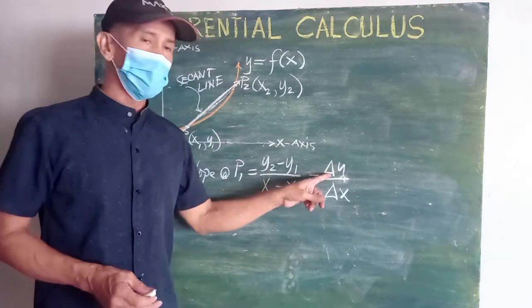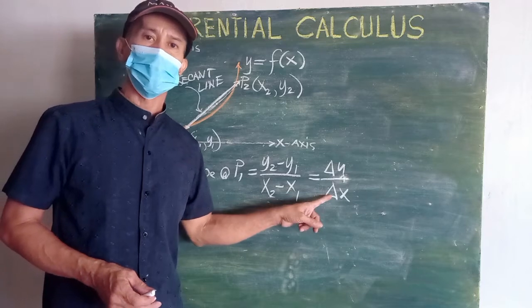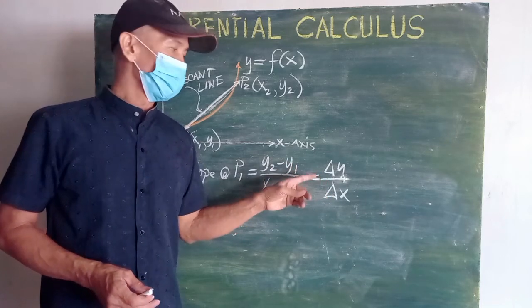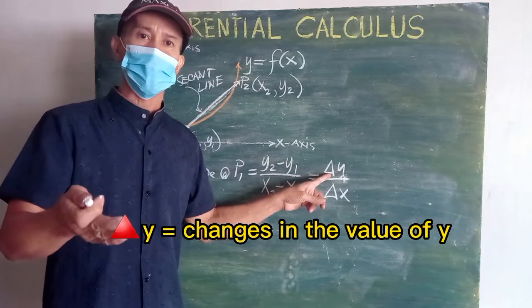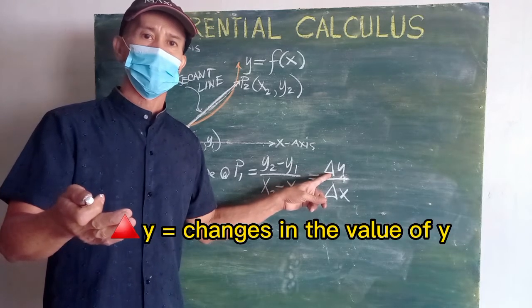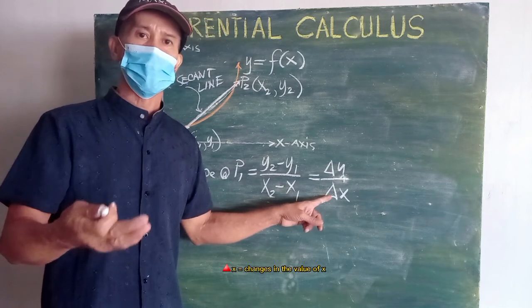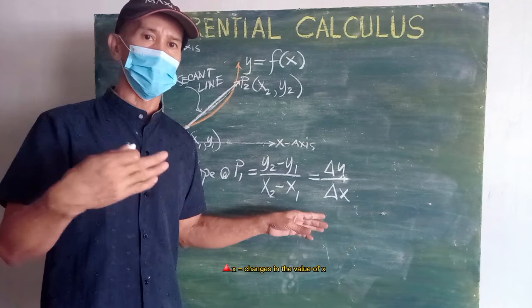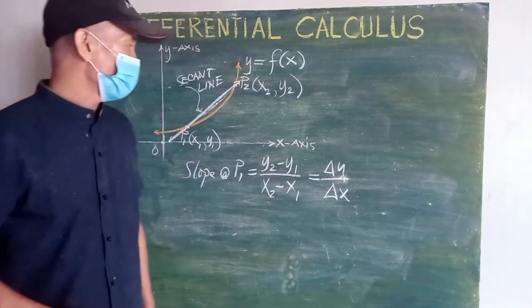So ang ibig sabihin ng delta y or triangle y tapos yung may triangle din dito na x or delta x, ang ibig sabihin yan, there is changes in the value of y. Also, delta x means changes in the value of x. Whether it is decrease or increase, those are changes.